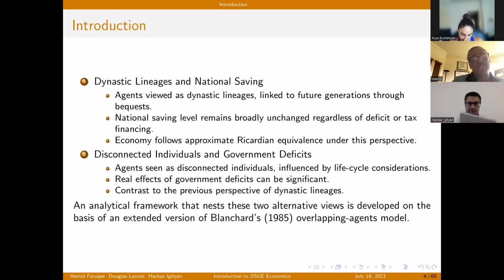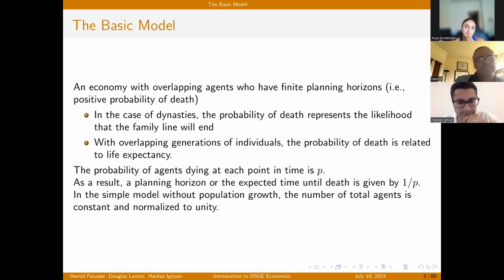The basic framework builds on the Blanchard model, a very nice tractable mathematical model that lets us nest both interpretations of agents in the same framework. We'll talk about that as we go along. Next slide, please.